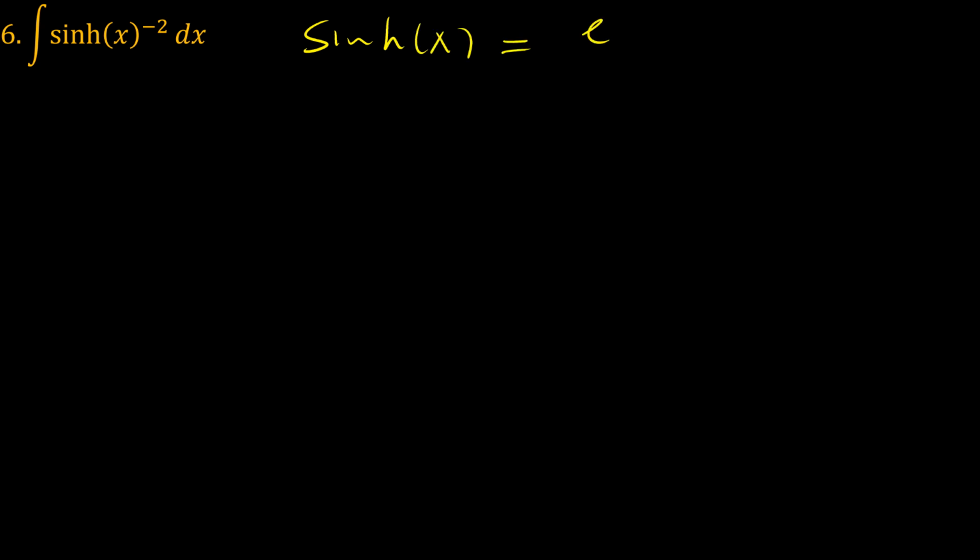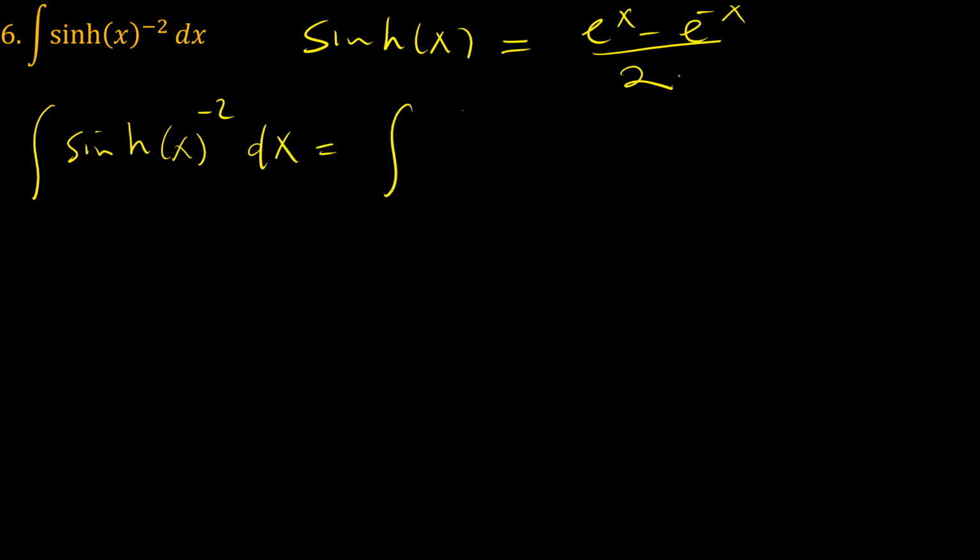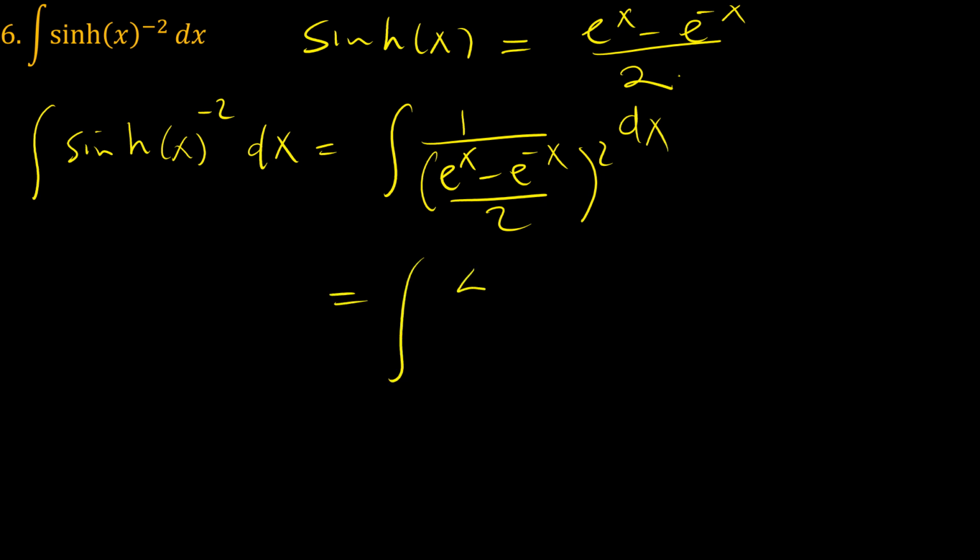This is the same as e to the power x minus e to the power negative x, over 2, such that the integral of 1 over hyperbolic sine x squared will be equal to the integral of 1 over (e to the power x minus e to the power negative x over 2) squared dx, which is equal to 4 over (e to the x minus e to the negative x) squared dx.